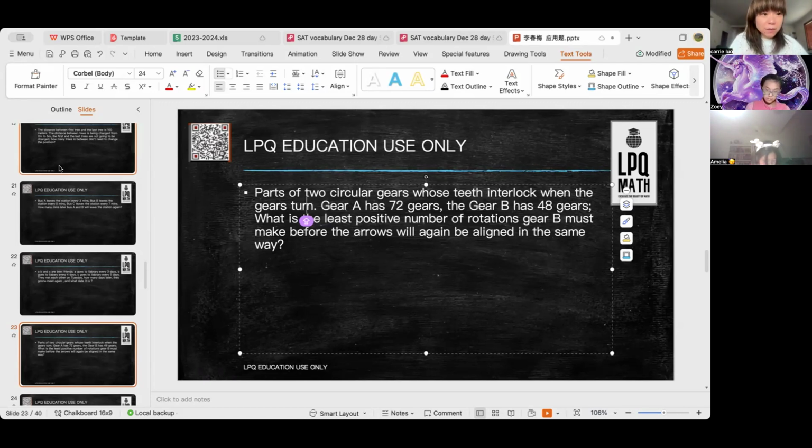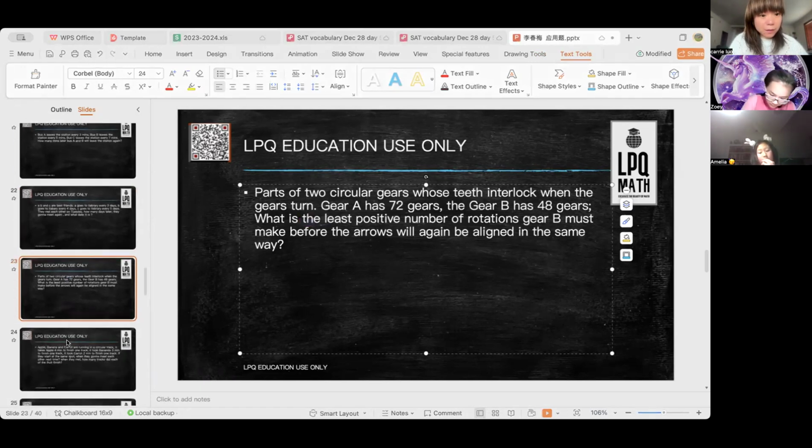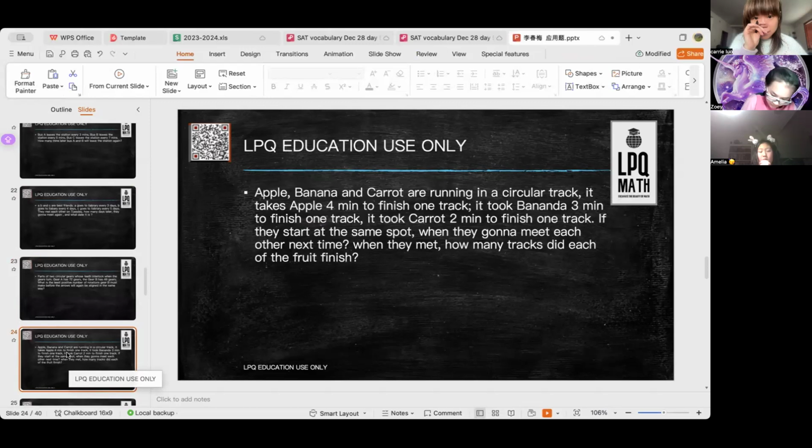Should be easy, right? So 72 and 48, the lowest common multiple for these two, right? Okay, so let's take a look at this one.